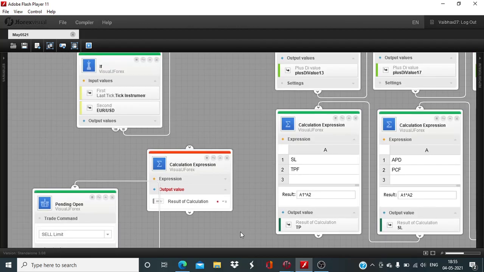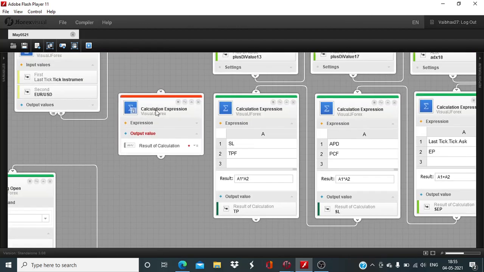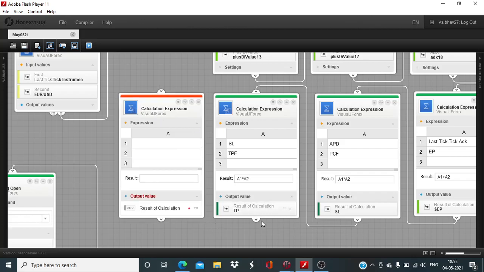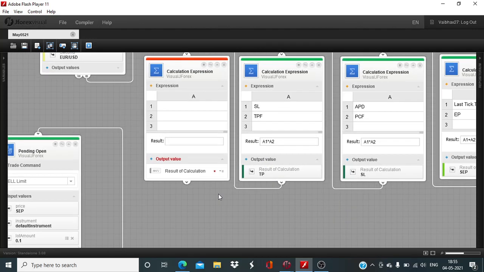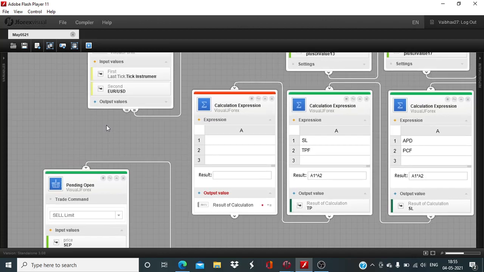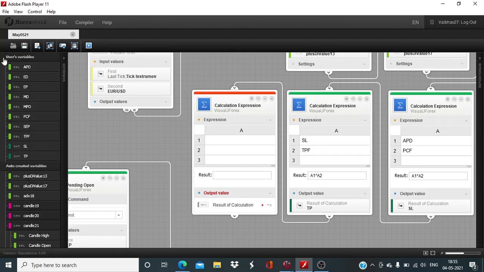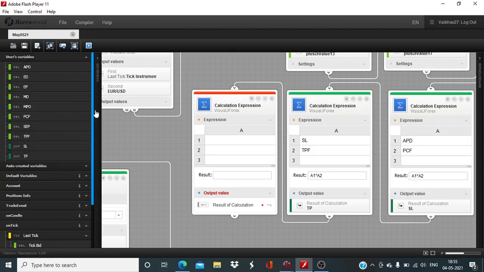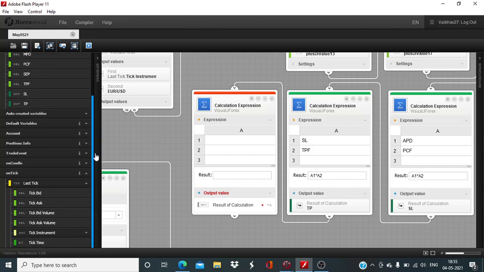Now we need to define the order validity. Order validity is going to be 1 hour. For that, all we need to do is take last tick time and add 3.6 million ticks in it.